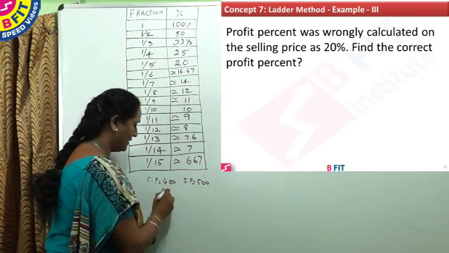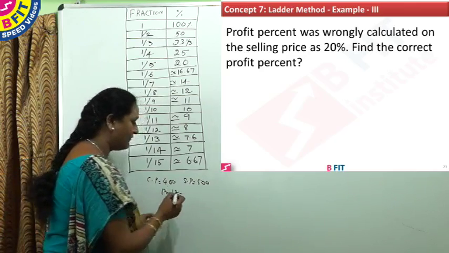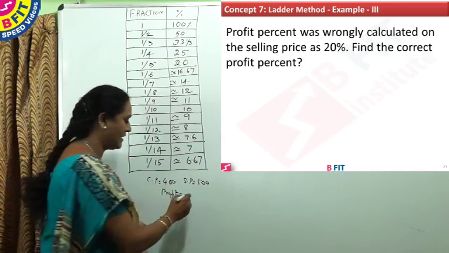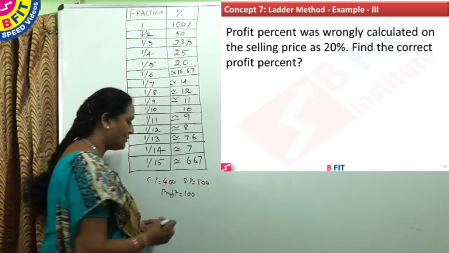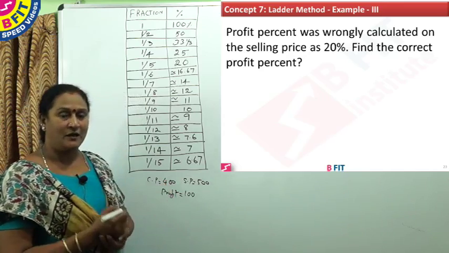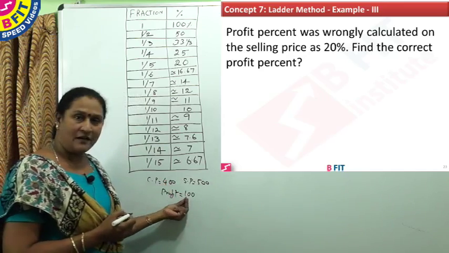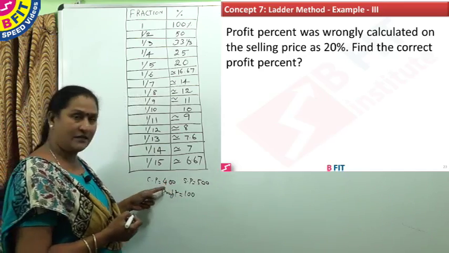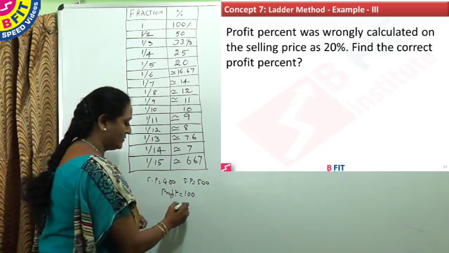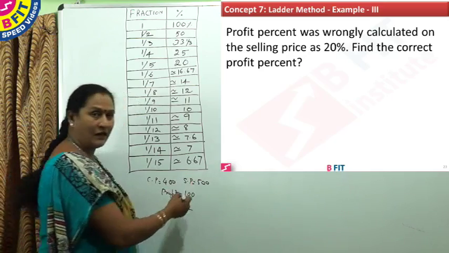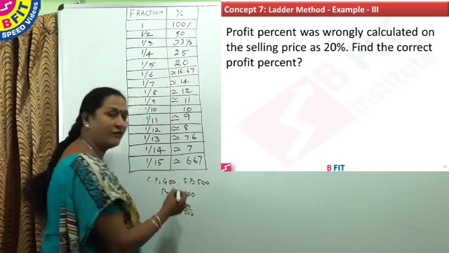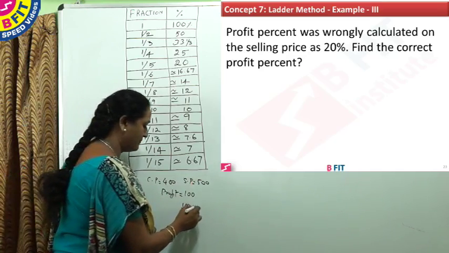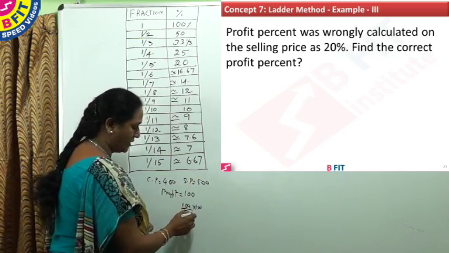The profit here is the difference between selling price and cost price, 100. On which should the profit percent be calculated? This 100 should be calculated as a percentage of 400. But instead they have calculated this 100 on 500, on the selling price, and they have got it as 20%.